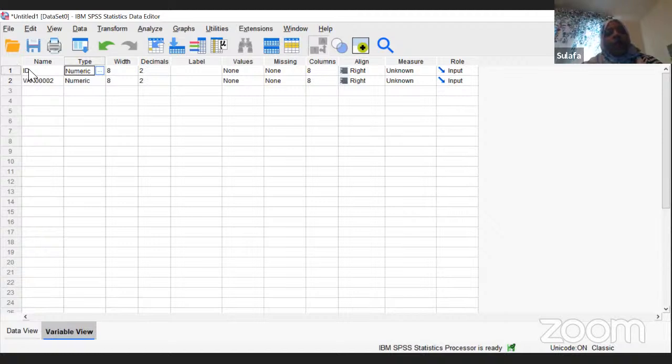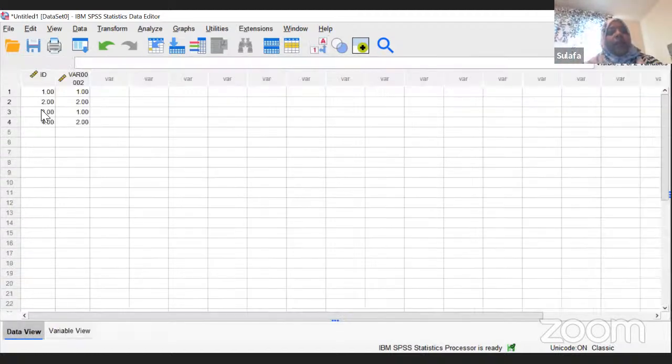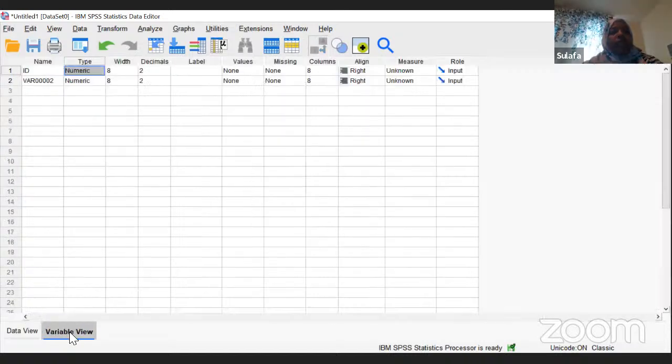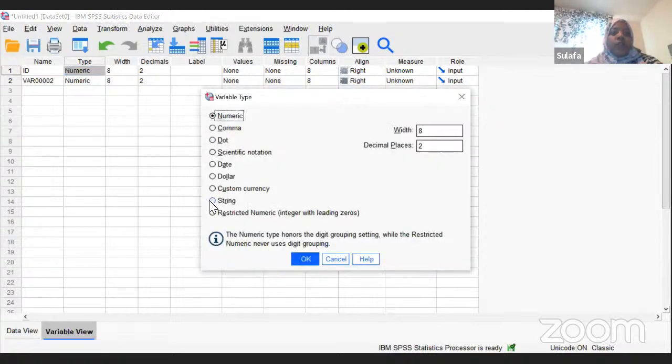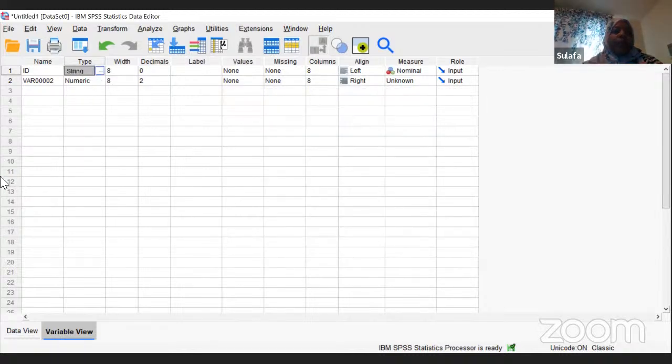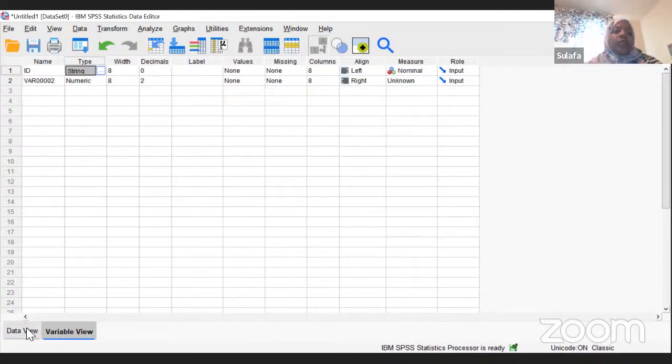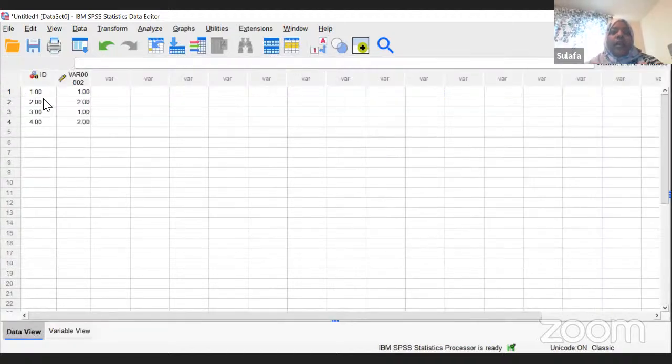So if our IDs are 1, 2, 3, 4, we cannot add, subtract, or multiply them, because here we use it as a character or a string, not as a numeric. So simply you can change the type to string. When you put it as a string, SPSS knows this is a character, not a numerical variable.